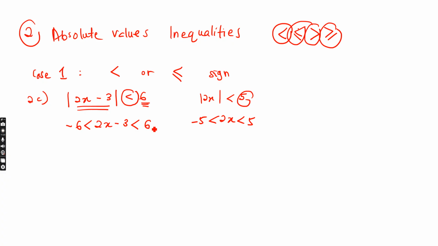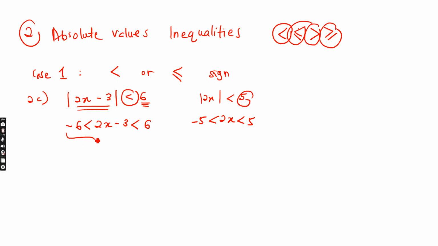Now what we're going to do is find the value of x here. You can do it one by one, or you can separate it, or you can solve straight away in this inequality. But usually what I do is I separate it one by one.